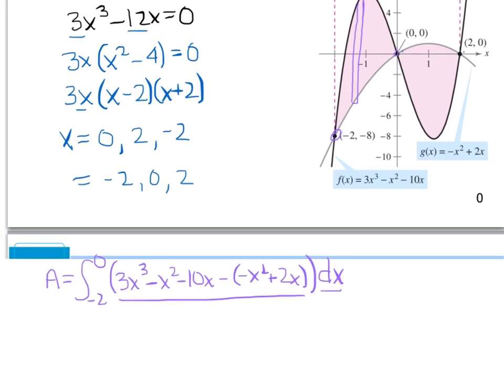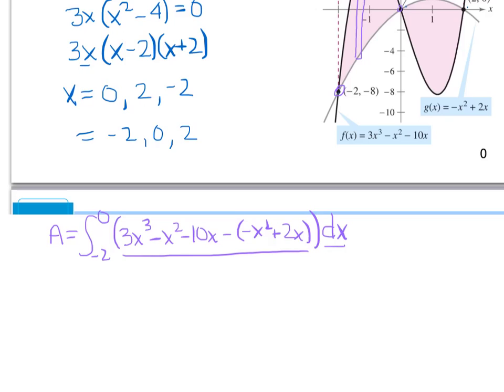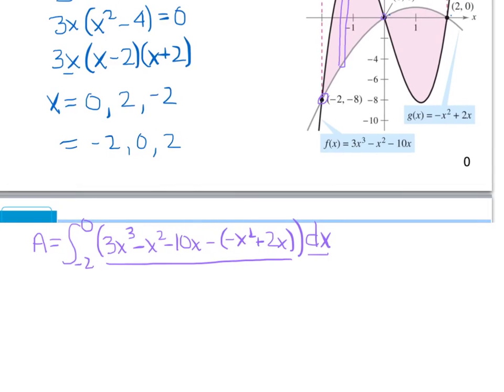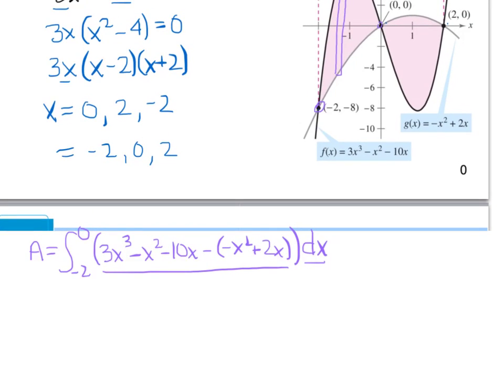Now, I'm sorry, this was for the first interval. I have to do the same thing for the second interval, so I'm going to add to that the integral from 0 to 2.